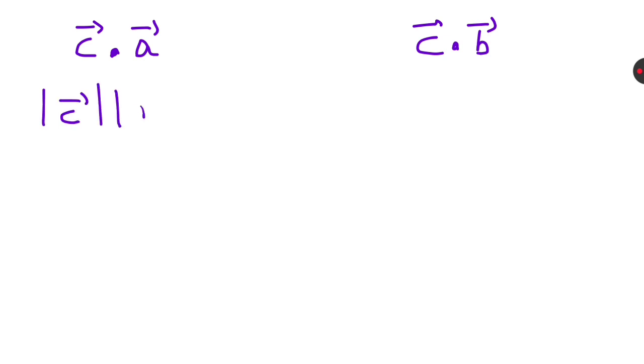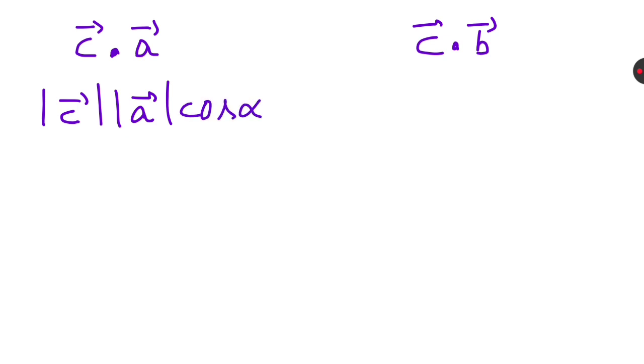In the given question, they said the vector C is inclined at the same angle alpha to both A and B. So how can we write this? We can use C dot A and C dot B, because the vector C is inclined at alpha to both A and B. The formula for C dot A is magnitude of C, magnitude of A times cos alpha.